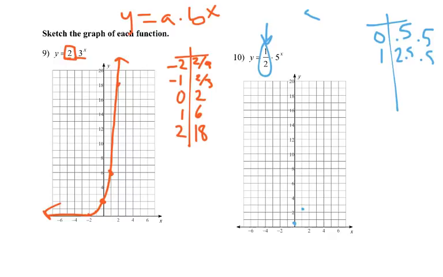Then timesing that by 5, we'd get 12.5, so about 12.5, and so on. So we'd start here really low at the x-axis, and we'd jump up and draw our graph.